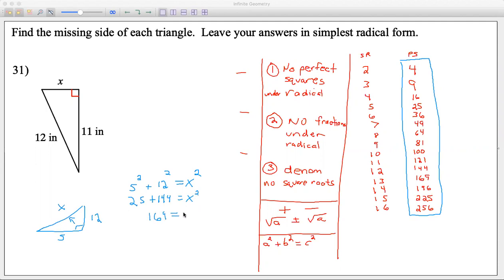Ooh, look, perfect square. It's on our list. Take the square root of both sides. So we get x is equal to 13. So when you're solving for the hypotenuse, check it out, we're adding. When we solve for one of the legs, you end up doing a little bit of subtraction. But in both cases, the very last step is to take the square root of both sides.